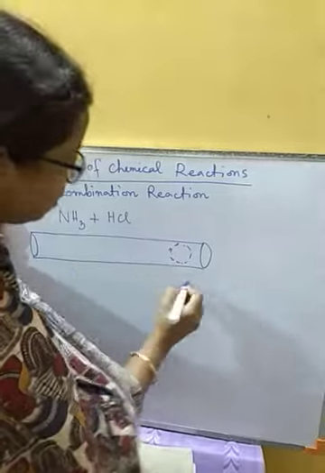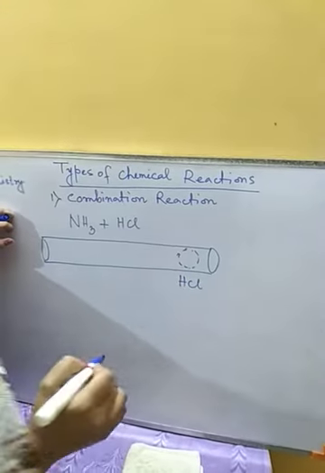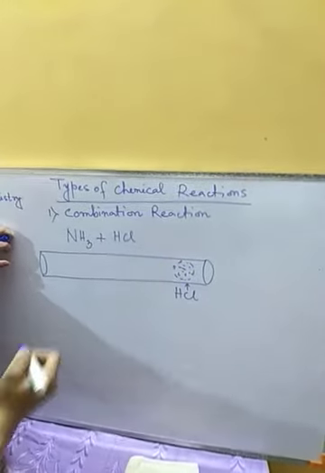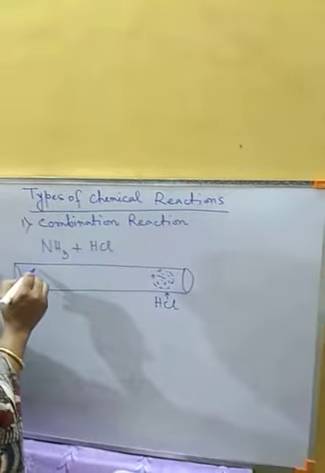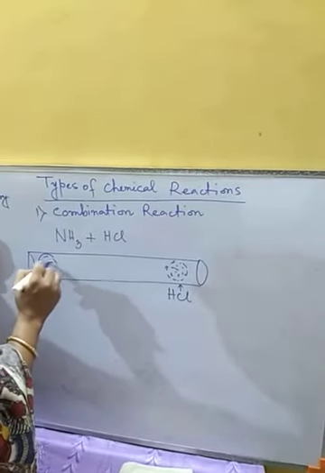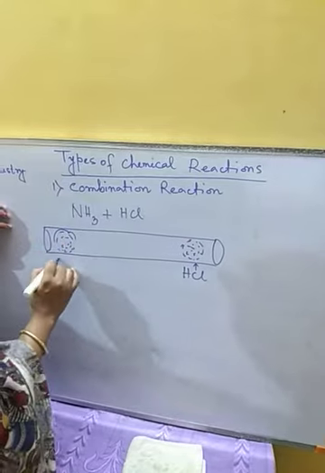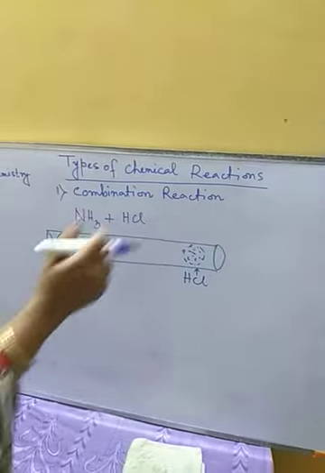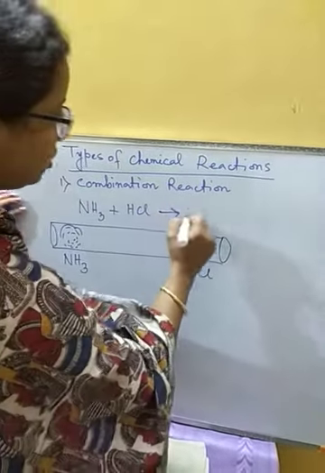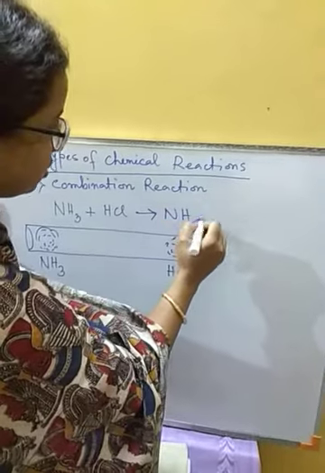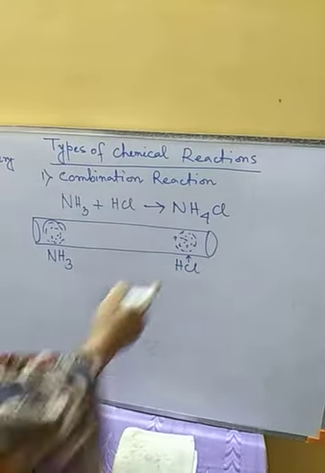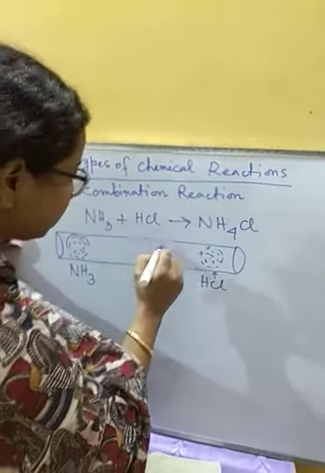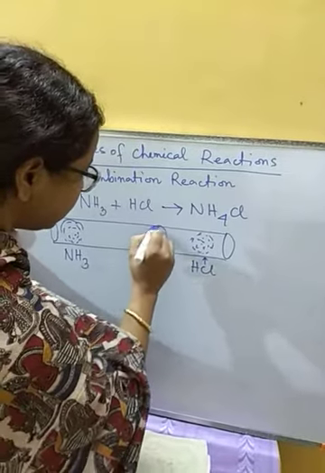One is soaked with HCl, hydrogen chloride, and in the same manner we have taken the other cotton ball soaked in ammonia. Now when these two react, we are going to get ammonium chloride. This ammonium chloride will give a white dense fume.